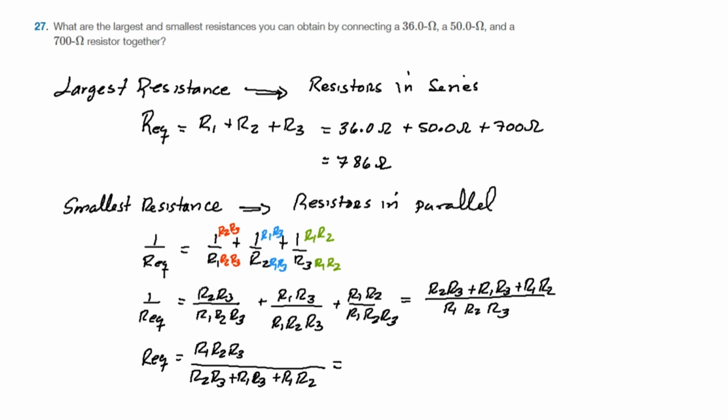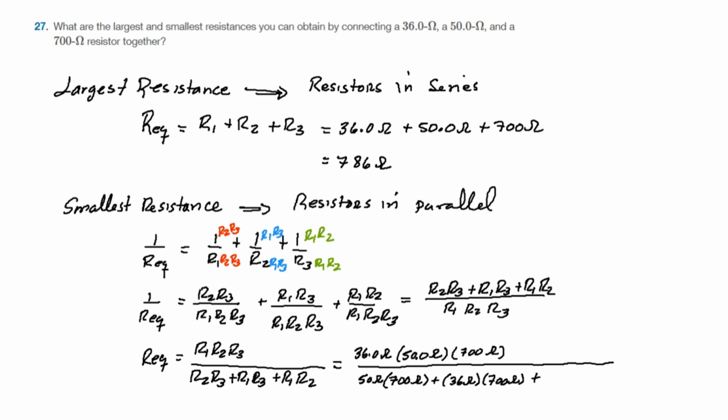When I substitute now, R1 times R2 times R3 is 36 ohms times 50 ohms times 700 ohms, all divided by R2 times R3, which is 50 ohms times 700 ohms, plus R1 times R3, which is 36 ohms times 700 ohms, plus R1 times R2, which is 36 ohms times 50 ohms.